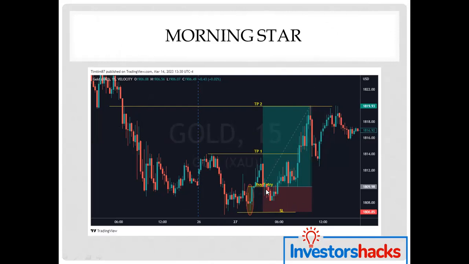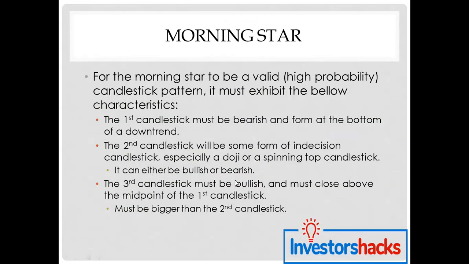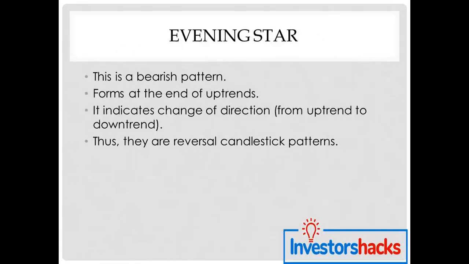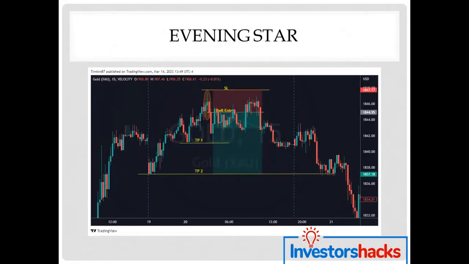That is an uptrend. Therefore, you exit your trade or you take profits at the moment when you see the morning star forming. So these candlestick patterns, the morning star and the evening star, are very crucial, especially for traders, and they use them to signify change in direction.